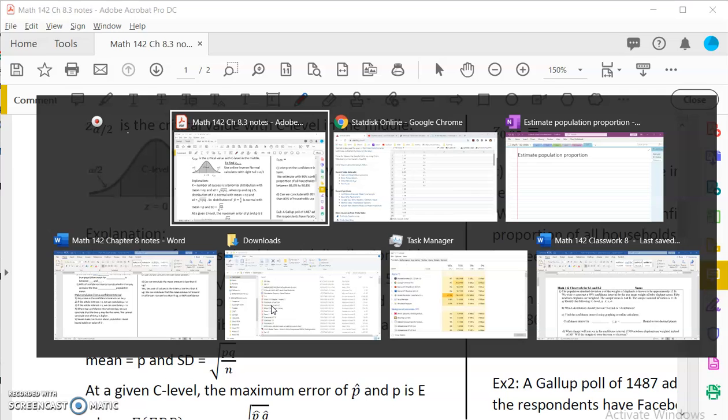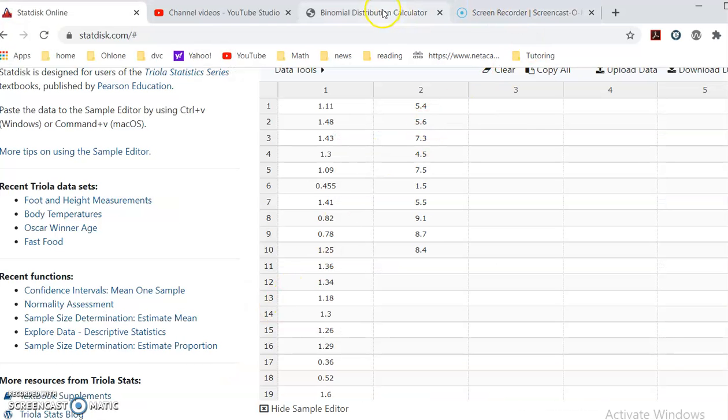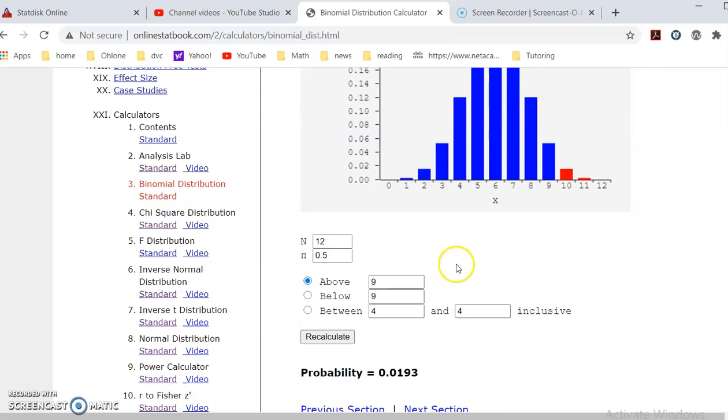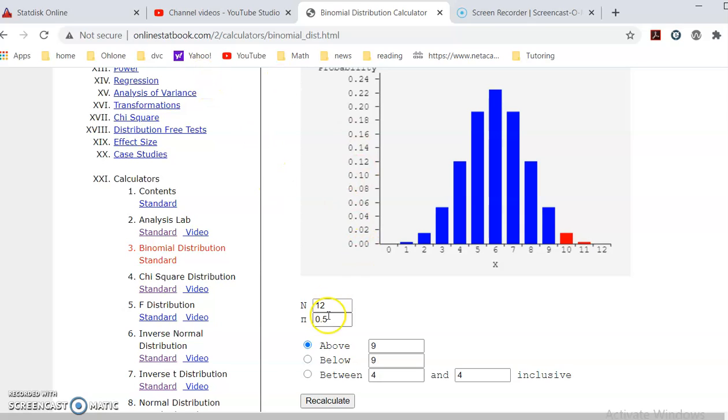Let me show you by illustrating in a binomial calculator. This is a binomial calculator from the online stat book. I think I told you before that the restriction is that we only allow 2 decimal places in P, but it is good that it tells you the probability of each X. So out of a sample size of 12, what is the probability that I have 6 successes if the chance of each one is 0.5?